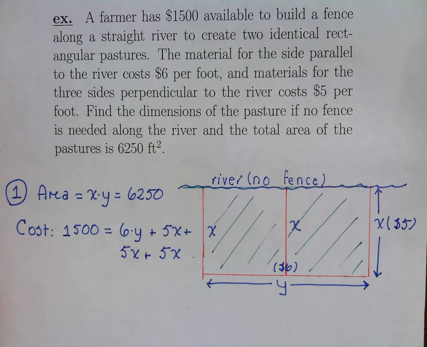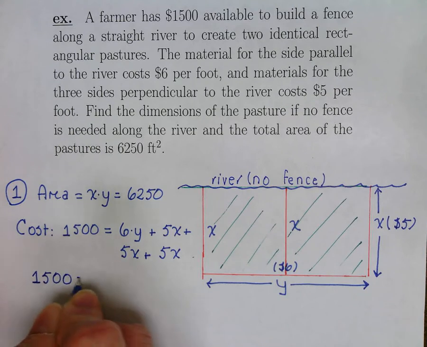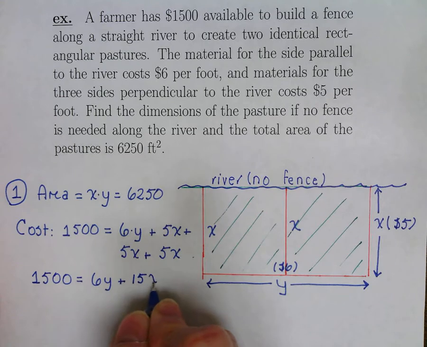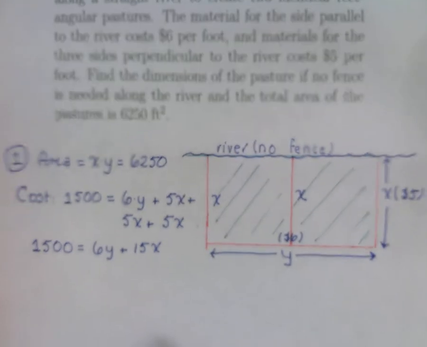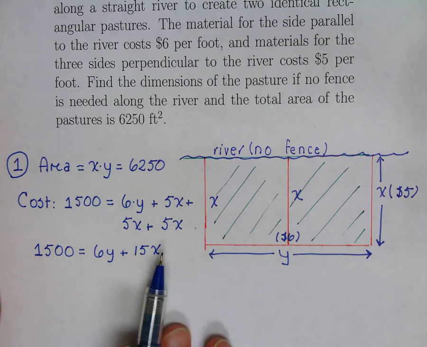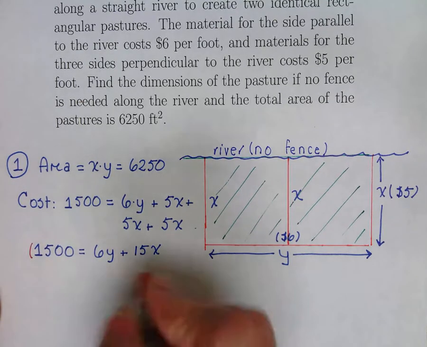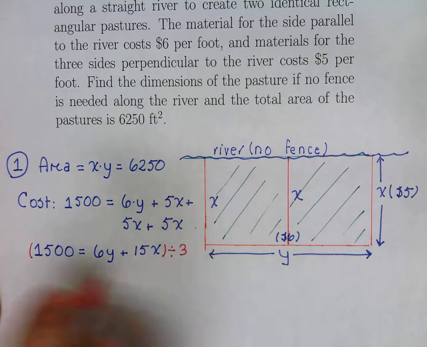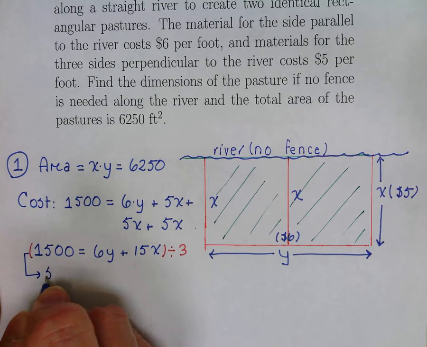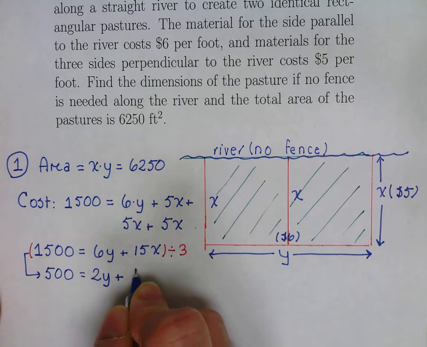So I have the cost of all four sides, so I can write that as a single equation: 1,500 equals 6y plus 15x. If I look at this, I notice that 3 goes into each of these, so I'm going to divide by 3 to get a simpler equation. That gives me 500 equals 2y plus 5x.